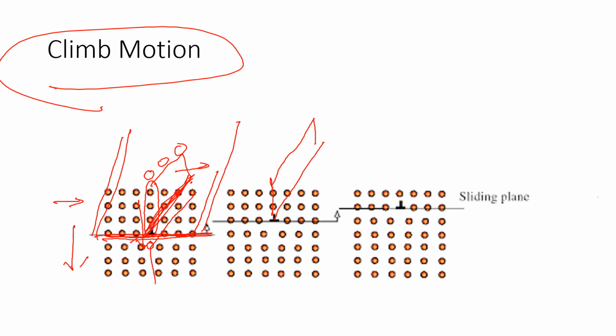During climbing up, the incomplete plane shrinks because the number of atoms is reduced, as atoms move away. During climbing down, the incomplete plane extends, because one layer is added. That is climbing up and climbing down.